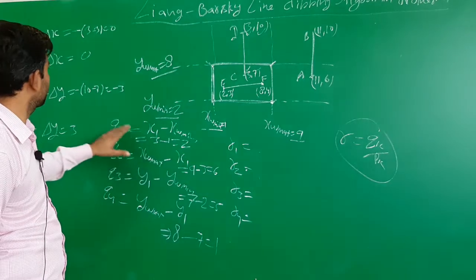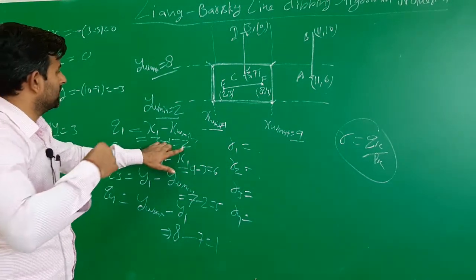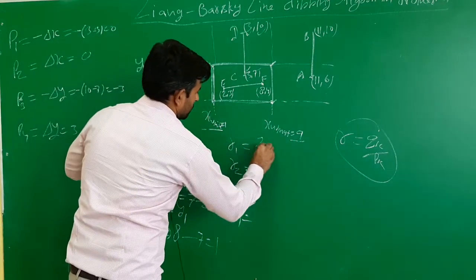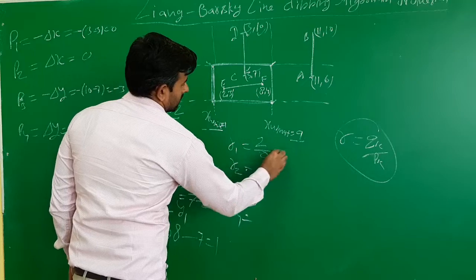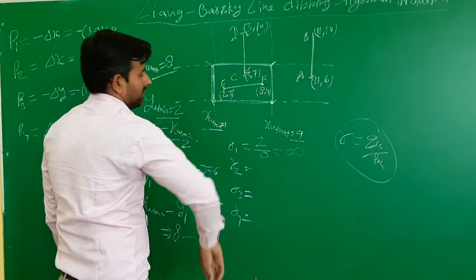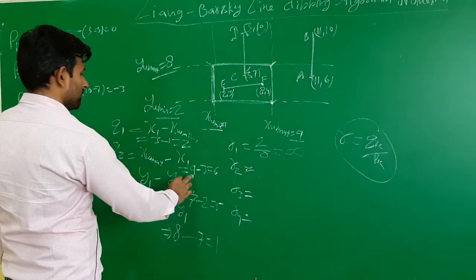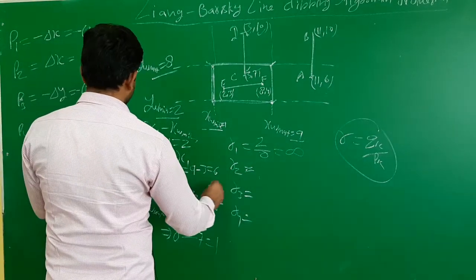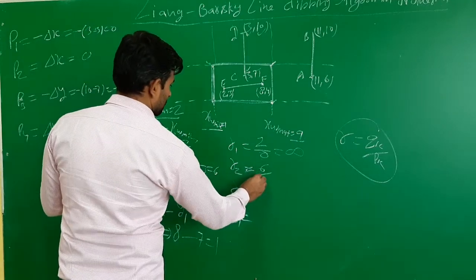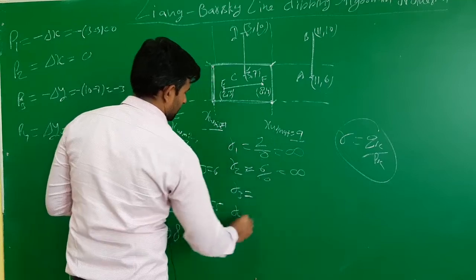R1 equal to Q1 upon P1, that is 2 upon P1. P1 is 0 and it is infinite. Again R2 is Q2 upon P2. P2 is 0, again it's infinite.